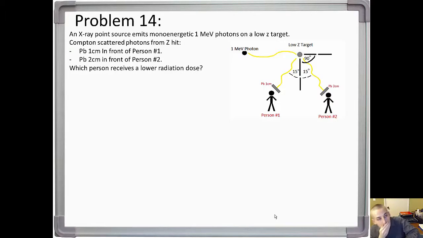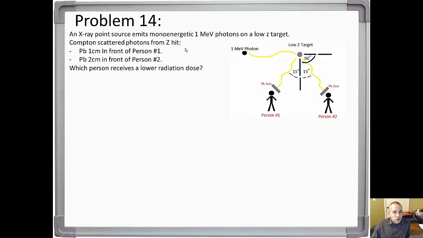Okay, so moving on to problem 14. In my last problem in my video on photon interactions, I have a very interesting problem, and I'll read it first and go through the diagram. An X-ray point source emits monoenergetic 1 MeV photons on a low Z target.